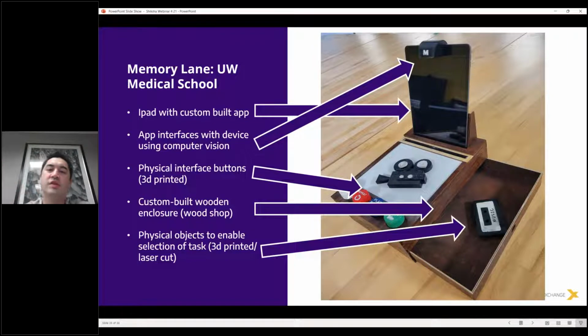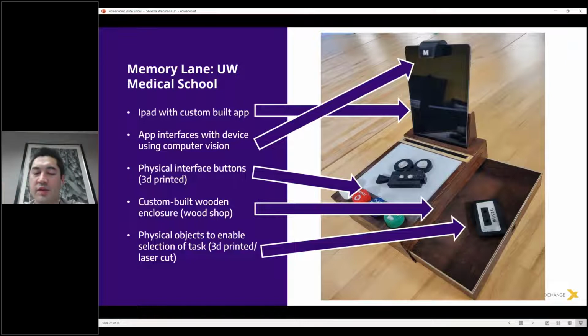And so what our students set out to do was create a very physical and intuitive interface for this app that would play videos or photos or music that this patient is familiar with to help them use their memory and reduce their memory loss.